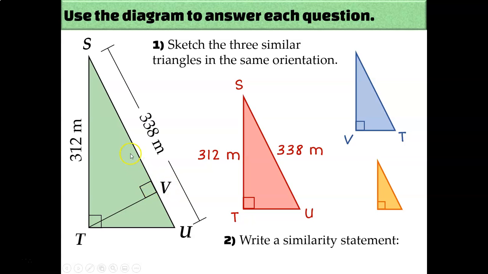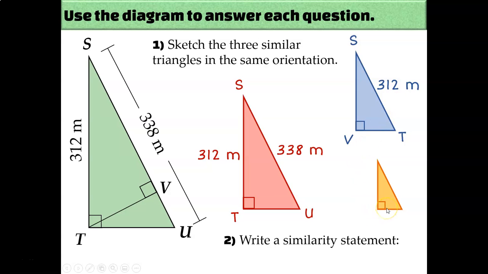And if I go along the long leg of the medium-sized right triangle, it ends at S. Additionally, there's one more thing that I can label. I know that ST is 312. We already had that labeled on this triangle, but ST also appears on the medium triangle. So I'll label 312 right here as well.